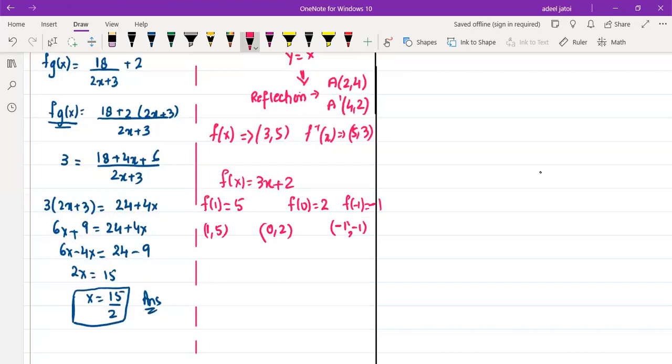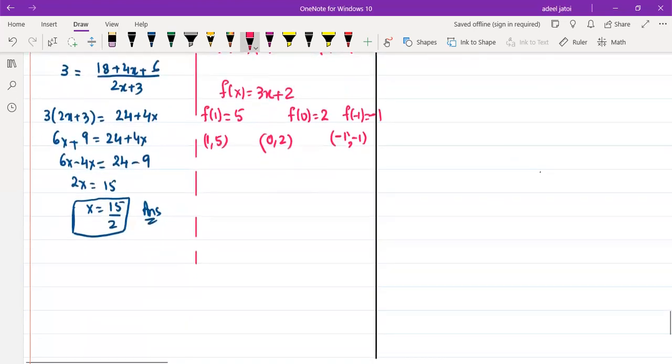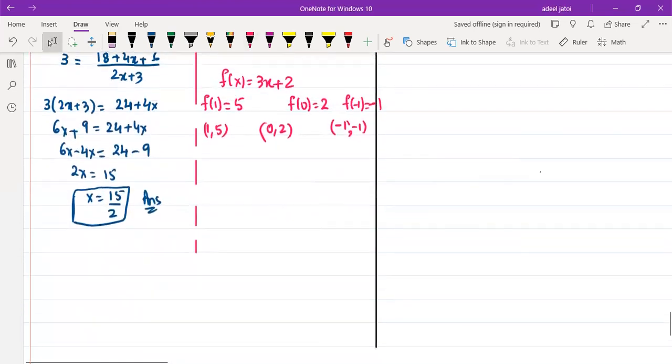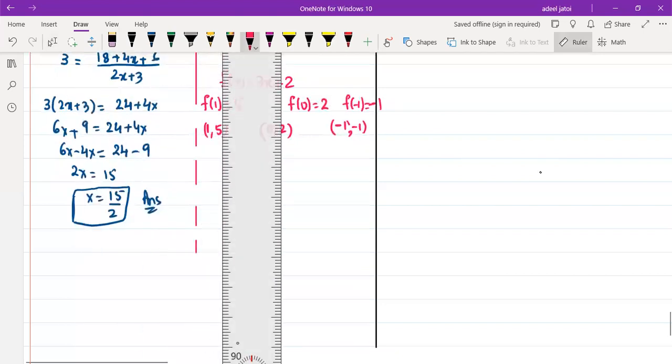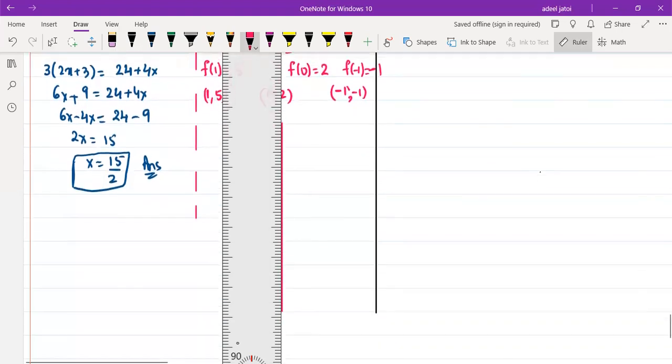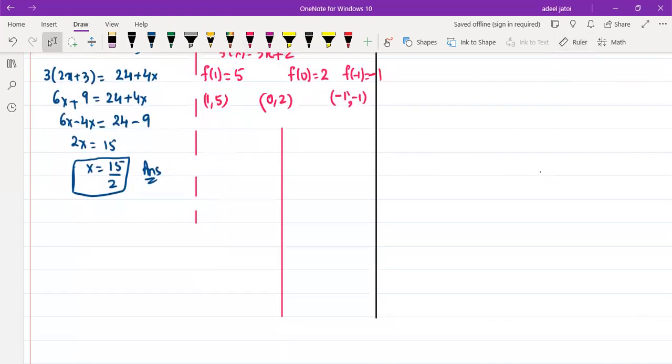These are the three coordinates that can be used. So let's just draw the normal graph.